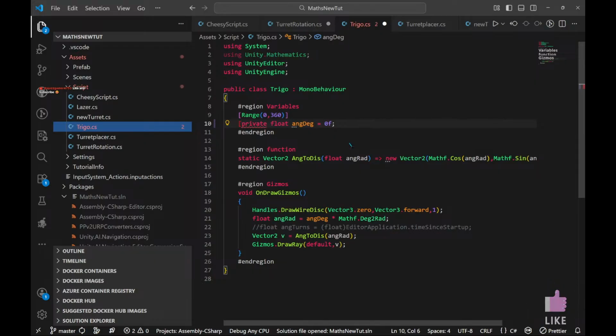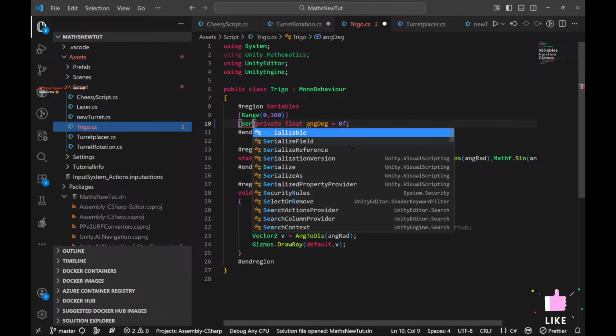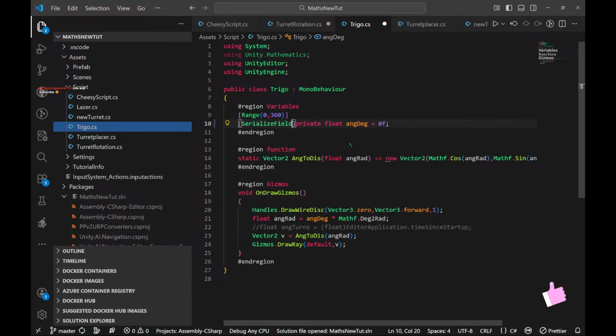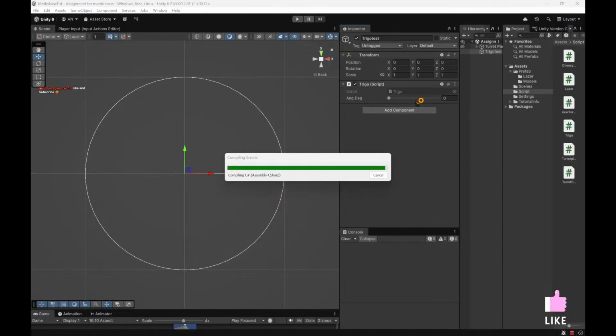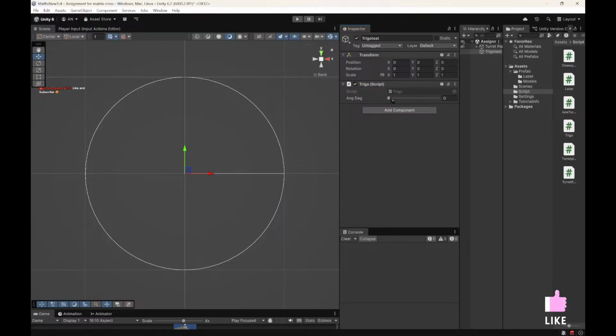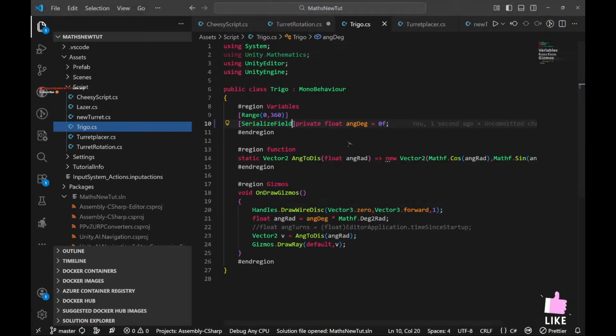But you want to access it inside the editor, so you use SerializeField, and now you can access it inside the editor but not outside the class. It's just for the editor.